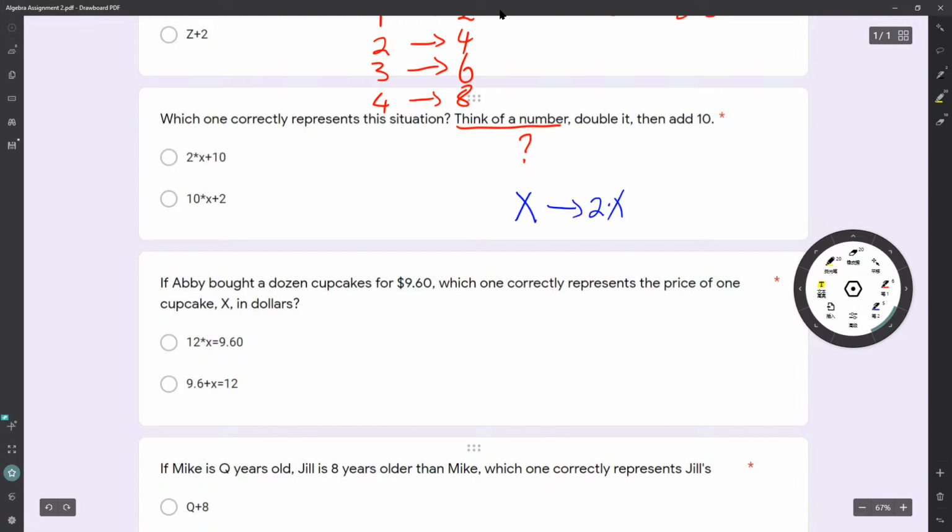And then add 10. It's going to be plus 10. See? We have a number, we use a letter, and then we double the letter, and then we add 10 on top of the 2X we had. So we can represent this whole process using 2X plus 10, and that's going to be this one.